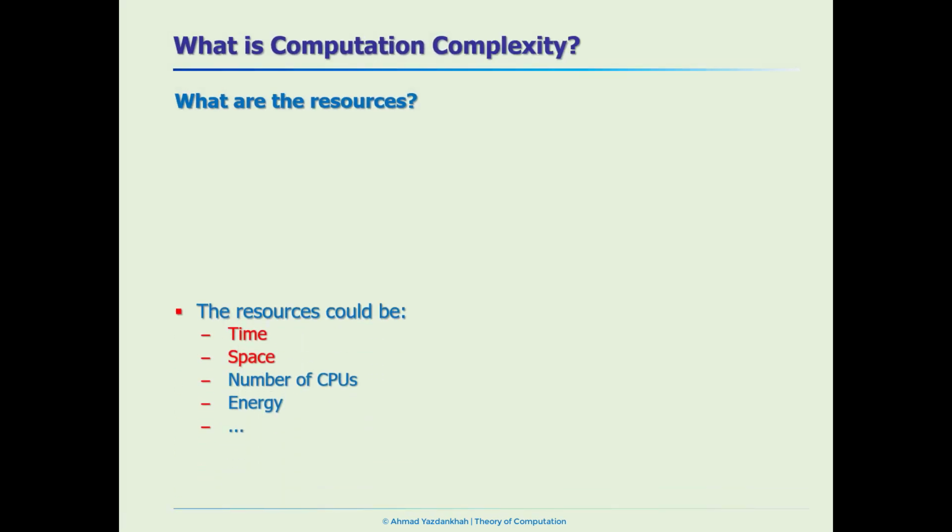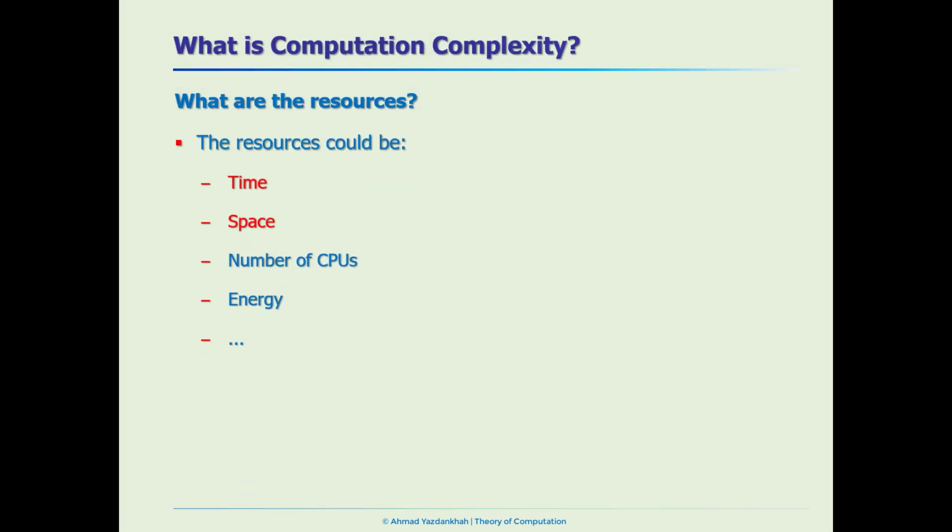So, the resources that we are familiar with so far in computer science: one of them is time, how much time we would need to process a problem. How much space or storage we would need, how many CPUs we would need, how much energy we would need, how much network bandwidth we need, and so on.